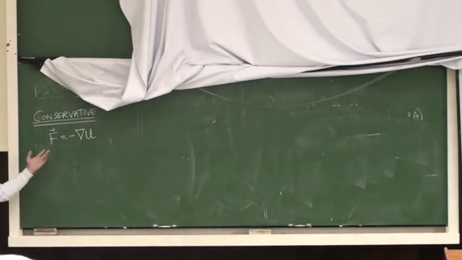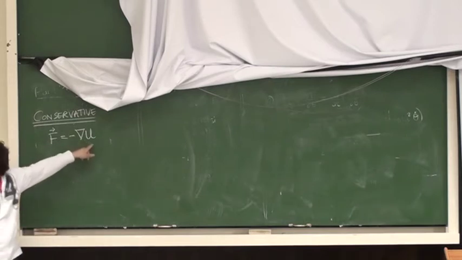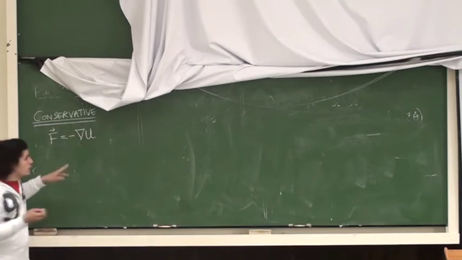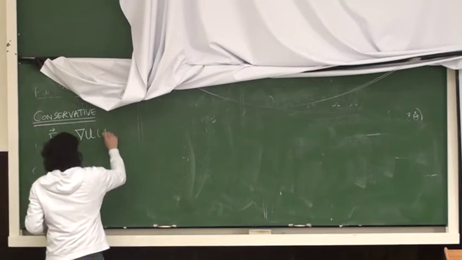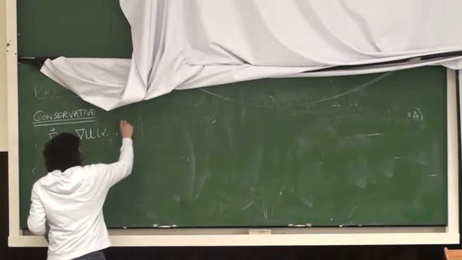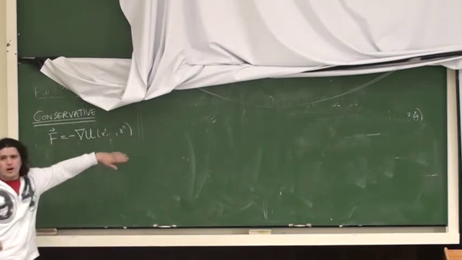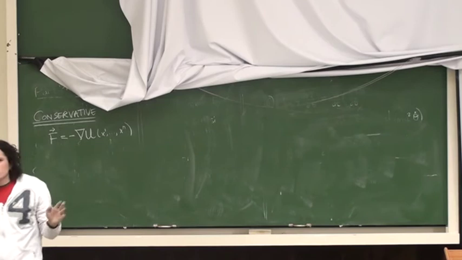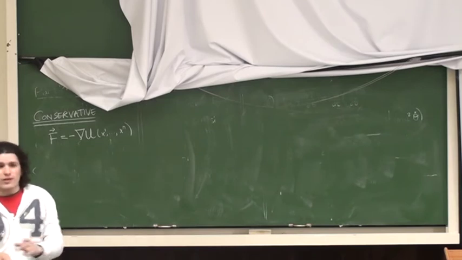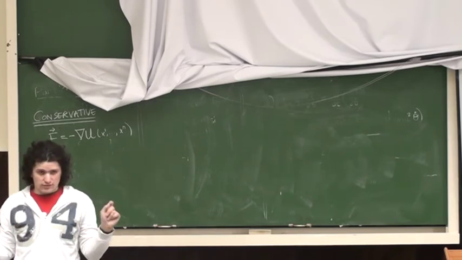Let's write down Lagrange's equations and figure out what this does to them. I'm going to assume also, and this is important, that U is a function of x1 to xn. It's not a function of time, it's not a function of velocity, only of position.